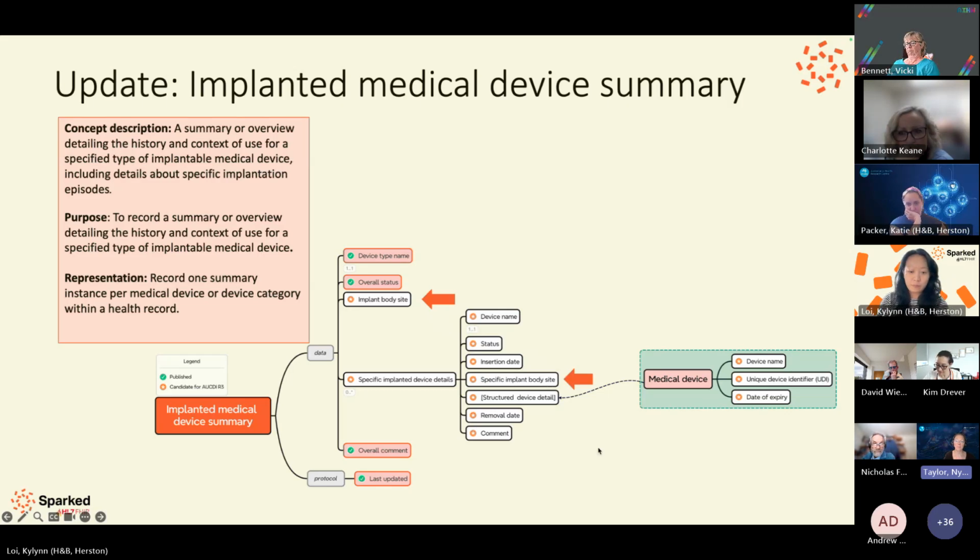We received some feedback from the TDG about being able to record, for example, if somebody has a total knee replacement, that it's in the right knee, and then record the revisions to that replacement if it needs to be revised at a later date, or a pacemaker, for example.